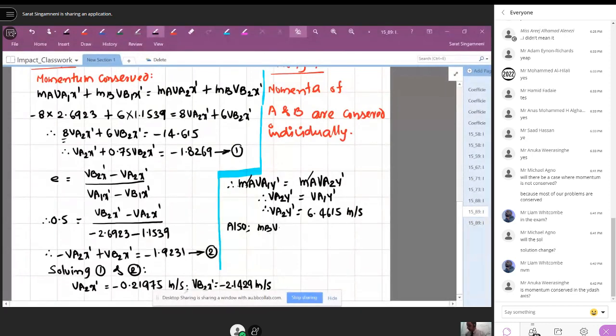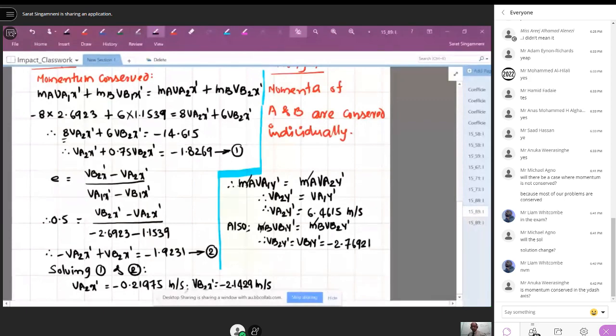Also, MB VB1 y dash is equal to MB VB2 y dash. Again, VB2 y dash is equal to VB1 y dash, which we know is minus 2.7692 meters per second.